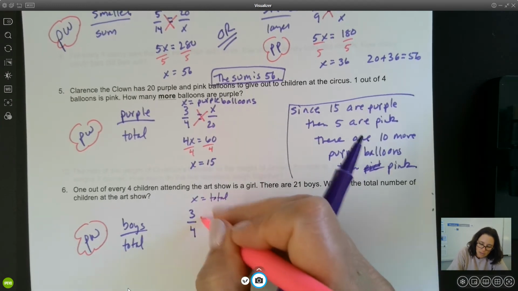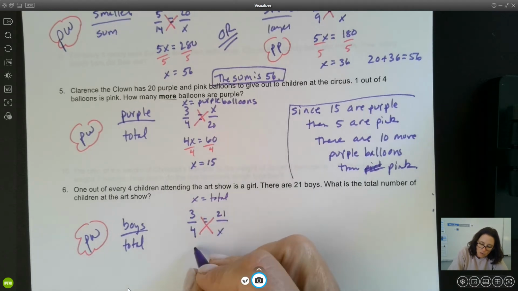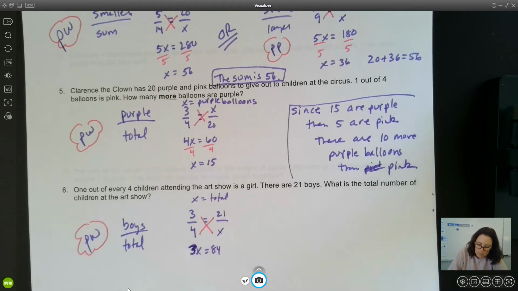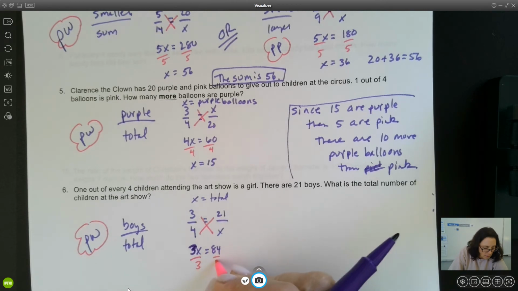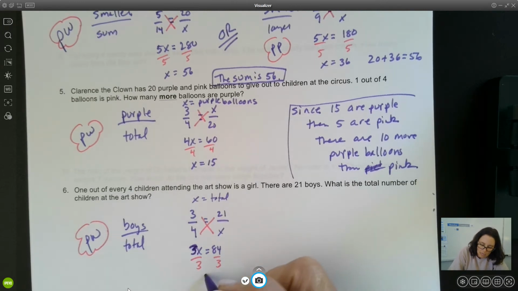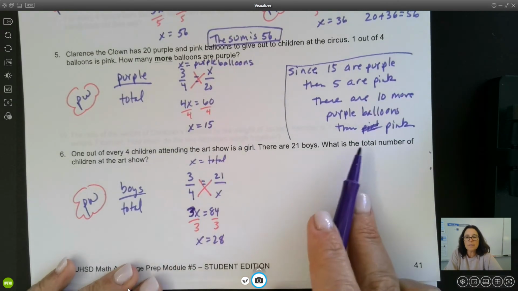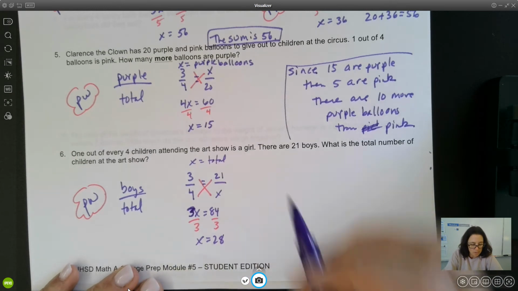So we've got 3X equals 84. 3X equals 84, divide by 3, and you get 28. Okay, 28 stands for the total number of children, and that's exactly what the question was, so that's our answer.